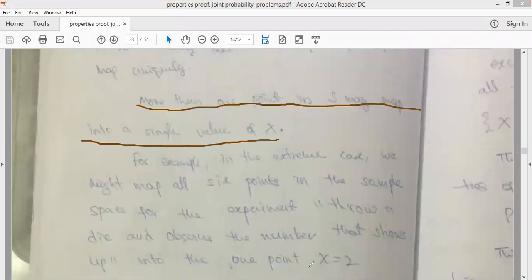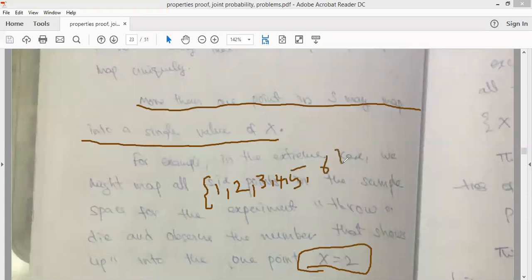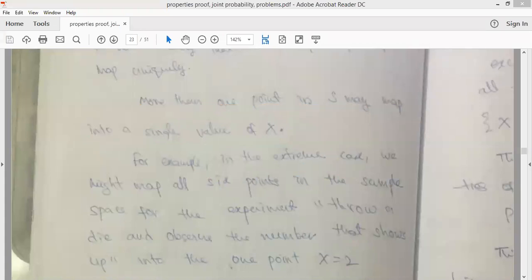This is mapped to some point x equal to 2. Whatever number you get when we throw a die, whatever number of the 6 values we get, this random variable will map to the single value on the real axis. So x will be equal to 2. This is also possible here.